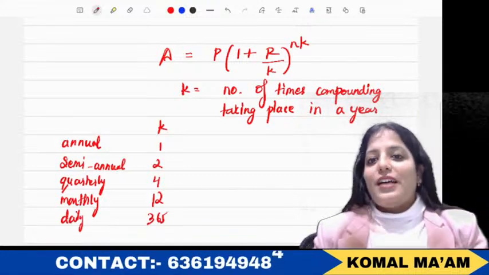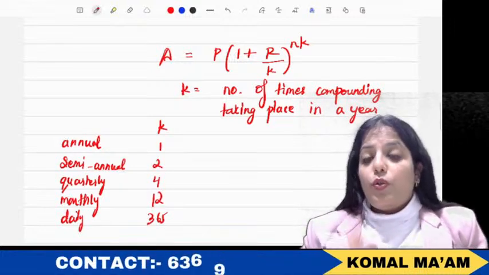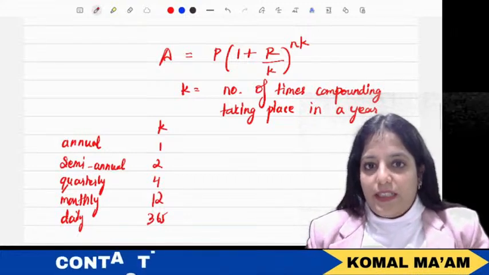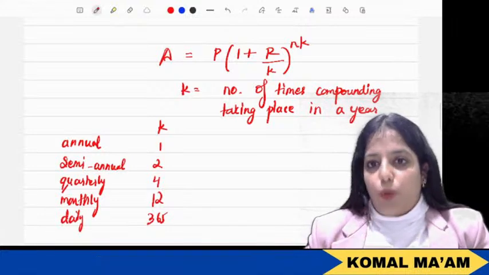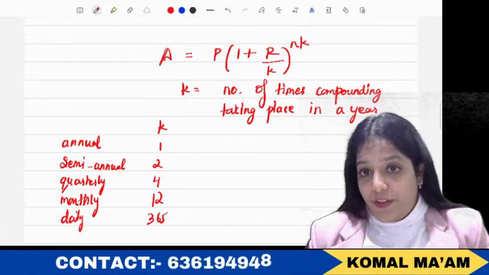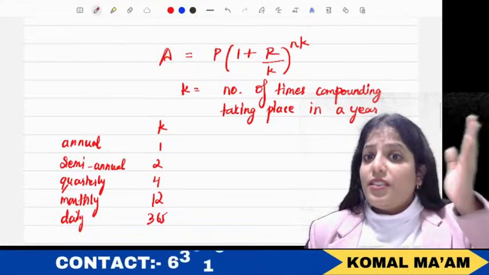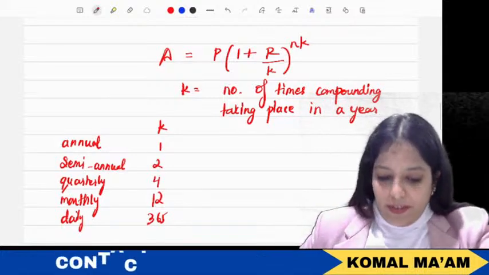Don't worry, you won't be asked about the daily one, it's just for information. So the number of times compounding takes place in a year, that is K. If it is taking place twice, thrice, we need to give that effect. What effect? Rate will get divided by K and n will get multiplied by K. So this you need to remember, this is very important.